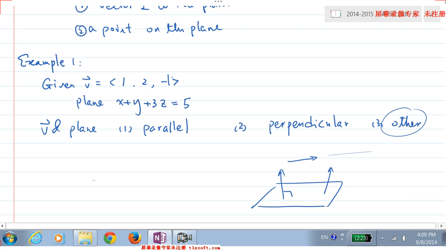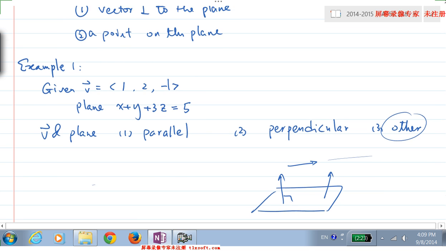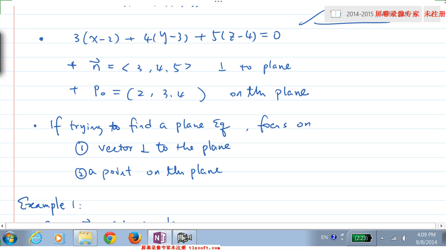Okay, good. As I said, before you move on to solve anything, this is what's given. The plane is given. What information can we extract out of this given equation?